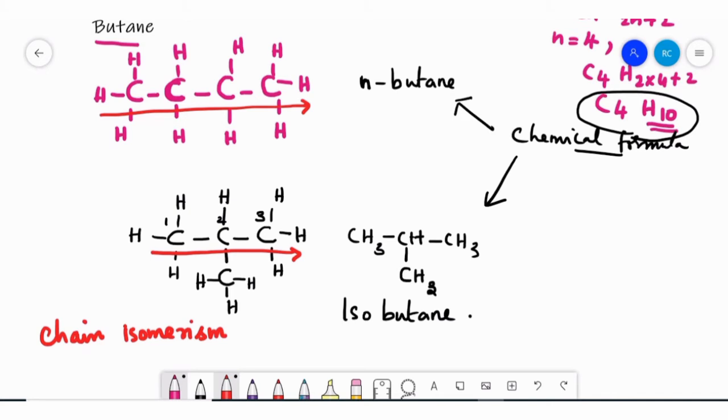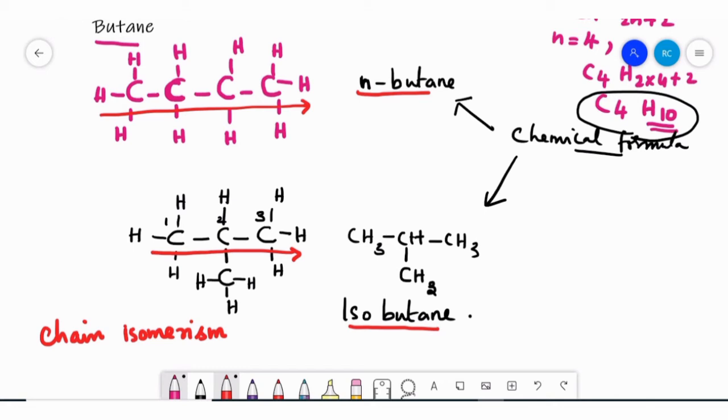Chain isomerism means we are writing different compounds by reducing the chain length. So butane has two chain isomers: normal butane, or N-butane, and the second one, isobutane.